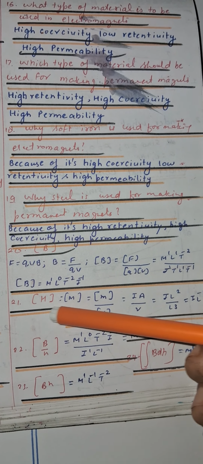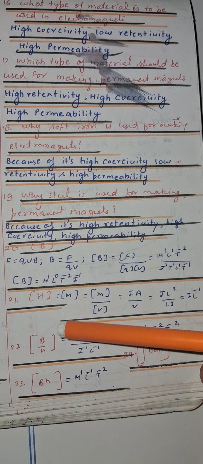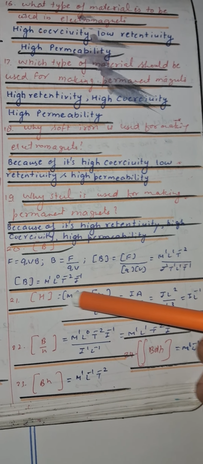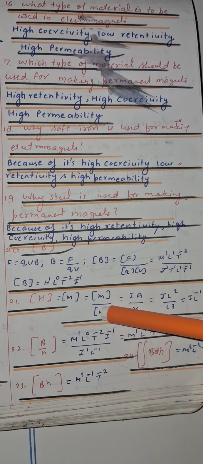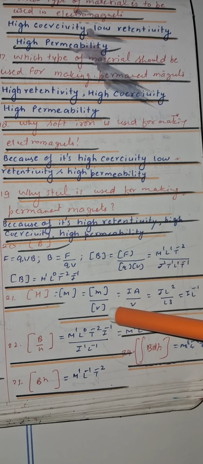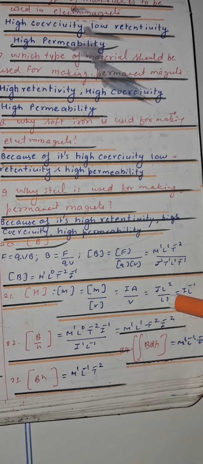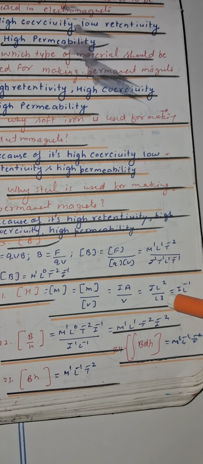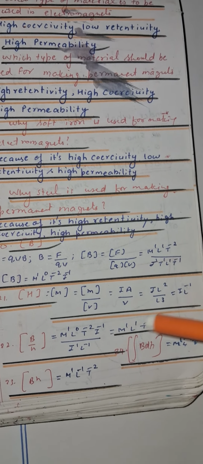Next we have the dimensional formula of magnetizing field. It has the same dimensional formula as that of magnetization, which is magnetic moment per unit volume. Magnetic moment has the dimensions I A, volume has the dimension L3. So we have the dimensional formula of magnetizing field as I L minus 1.